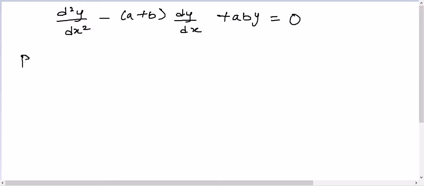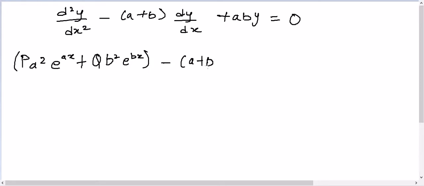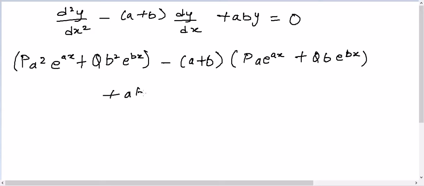It was p a square e to the power ax, the first term, plus q b square e to the power bx, minus, and now we'll substitute the value of dy by dx. What was that? p a e to the power ax plus q b e to the power bx, times (a plus b), with the value of y as given in the question.